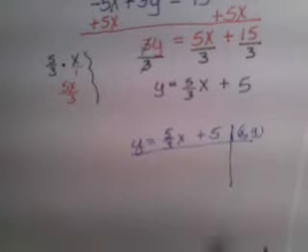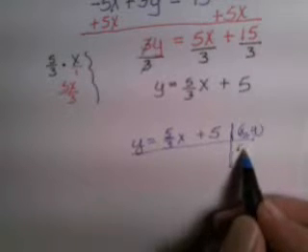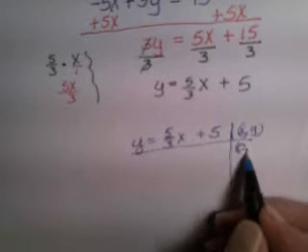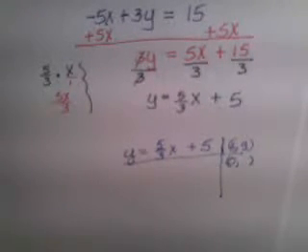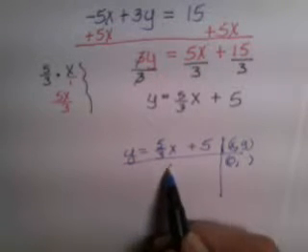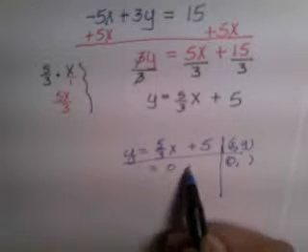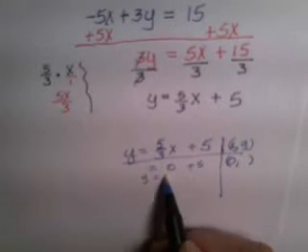If we choose 0 for our x and find the y to go with it, we plug in the 0, and 0 times 5/3 is 0, plus 5 is 5, so y will be equal to 5.